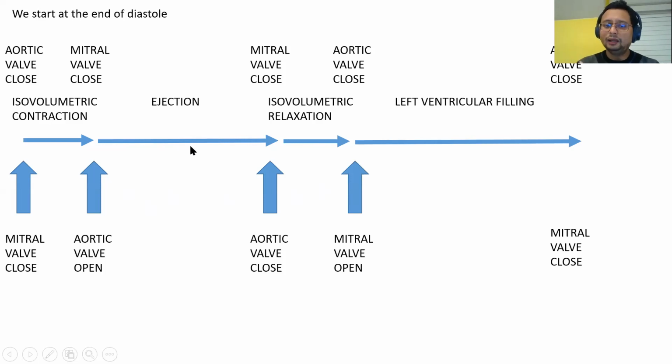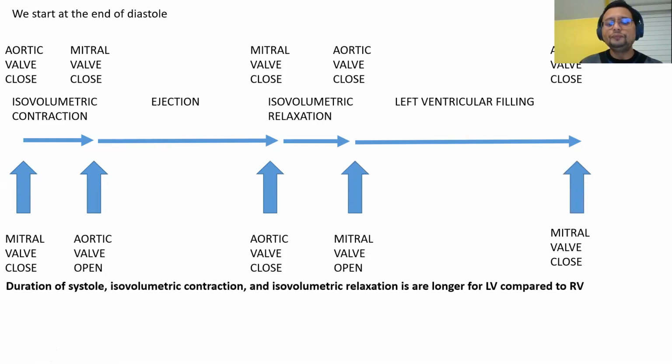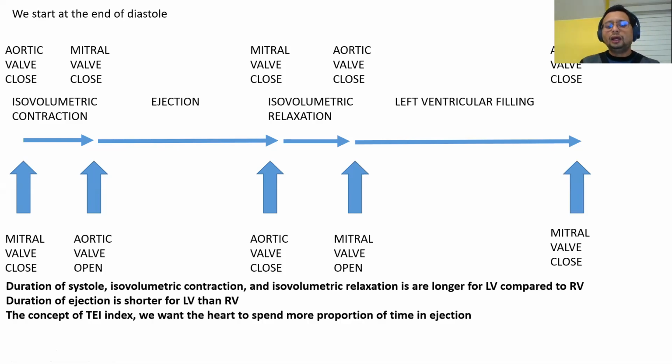In a normal heart, we want our heart to spend more time during the ejection period rather than during isovolumetric contraction or isovolumetric relaxation. So the lower the value of the Tei index, the better the function of the ventricle. If you use pulse Doppler to calculate the Tei index, the normal value is less than 0.43.